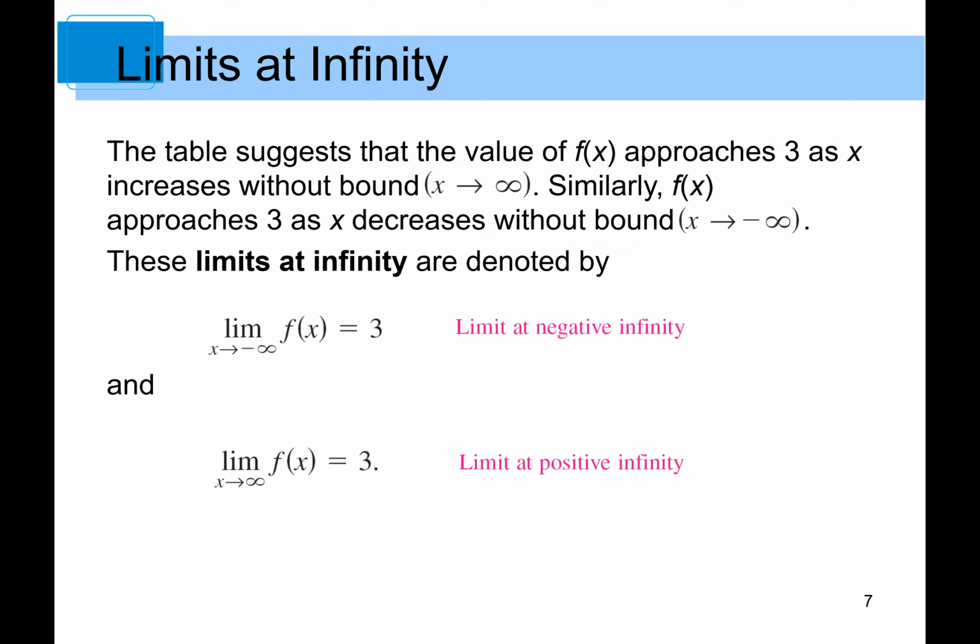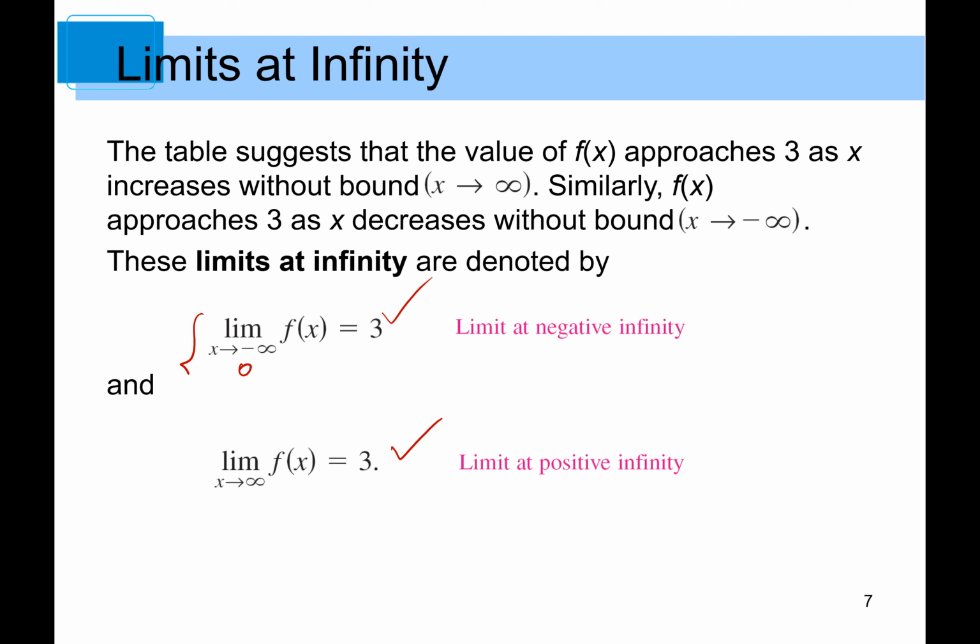The table suggests that the value of f of x approaches 3 as x increases without bound. Similarly, f of x approaches 3 as x decreases without bound. Then these limits at infinity are denoted by the following, right? Limit when x approaches negative infinity of f of x equals 3. Limit when x approaches infinity of f of x equals 3.